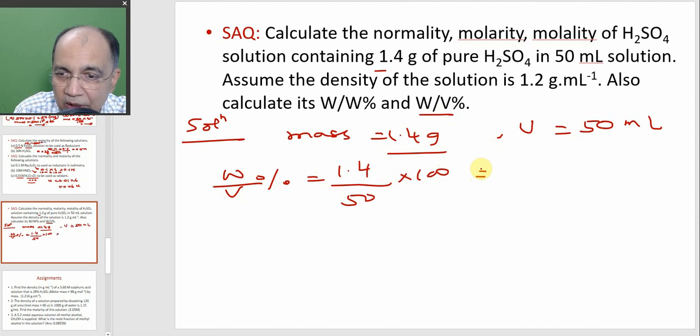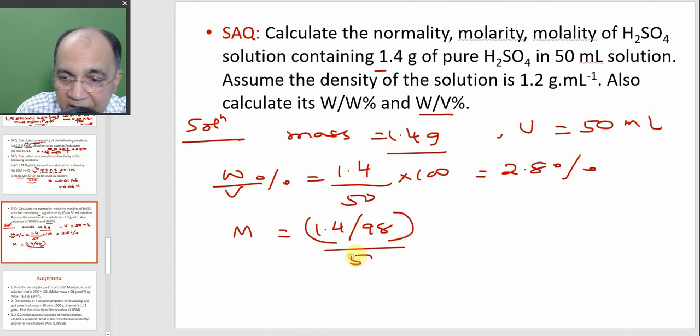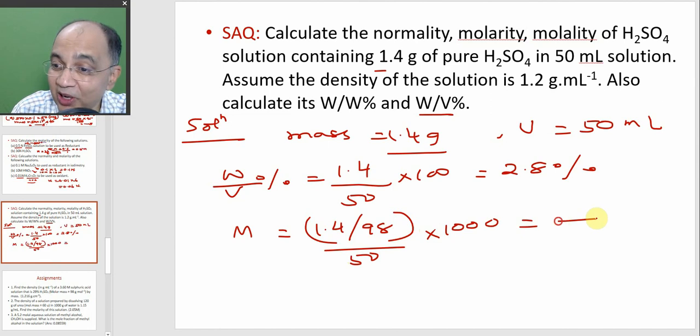So you do it, it will be 2.8% W by V. And to find the molarity is extremely easy. 1.4 gram divided by 98 is its number of moles. Same 50, but here it will be 1000 in 1 liter solution. So you find out the molarity. It's a task for you.